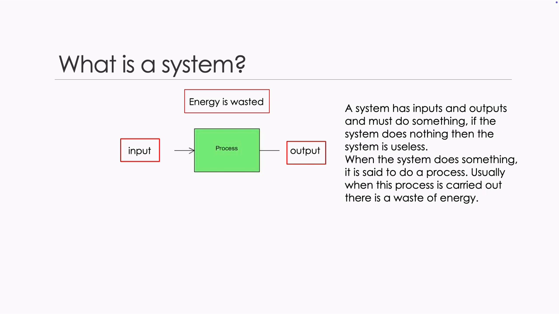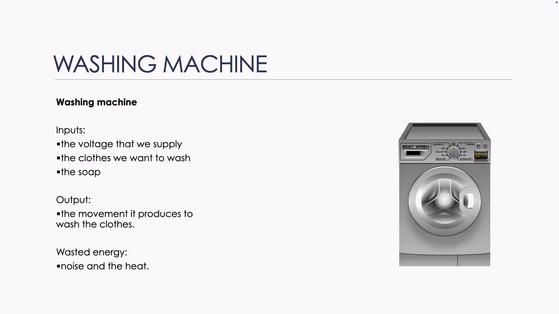Let's take a look at a few examples of systems that we use in our everyday life. The washing machine is an example of a system. It has inputs such as the voltage that we supply, the clothes we want to wash, the soap.